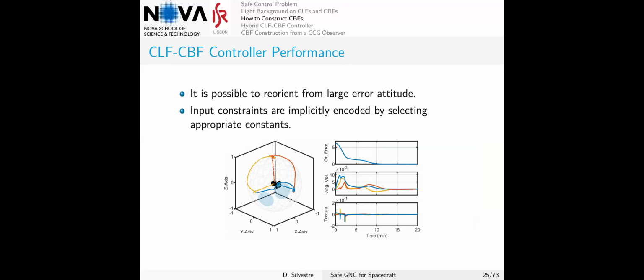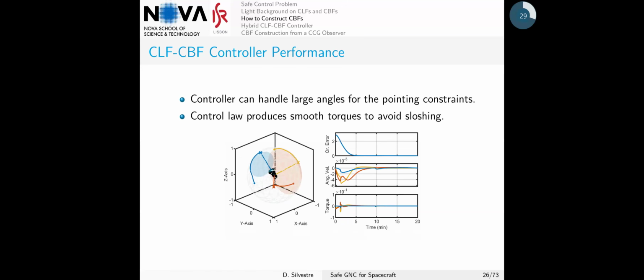And then of course, we can also encode the input constraints implicitly by selecting these constants appropriately, and this is only made possible because everything is bounded. So you just have to calculate the supremum for that and arrive at some value. We also tested what happens if you have large pointing constraint restrictions.